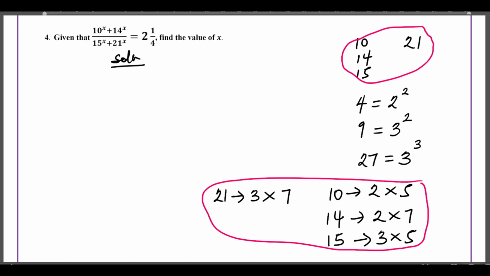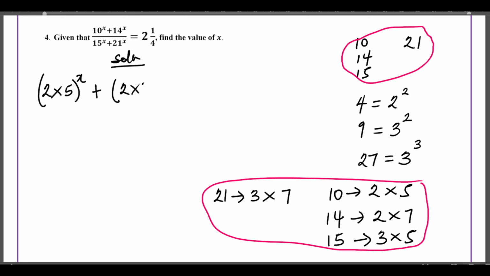So now let's begin. In place of the bases, you're going to replace that with their factors. So now 10 raised to the power x, the factors of 10, we have 2 by 5, so the whole of this raised to the power x, plus 14. Factors of 14, that is 2 by 7.